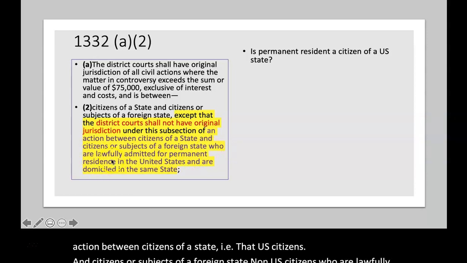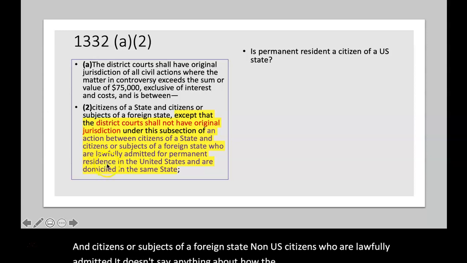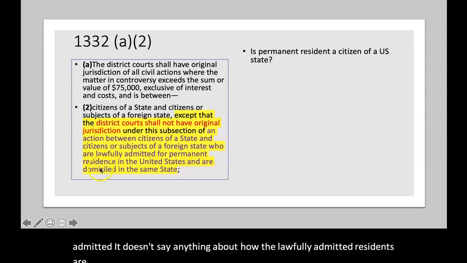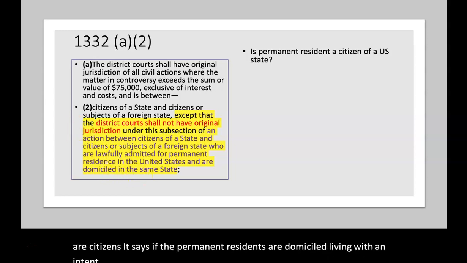It doesn't say anything about how the lawfully admitted residents are citizens. It says if the permanent residents are domiciled, living with an intent to stay, in a U.S. state, then this critical red part applies. There is no 1332 citizenship.